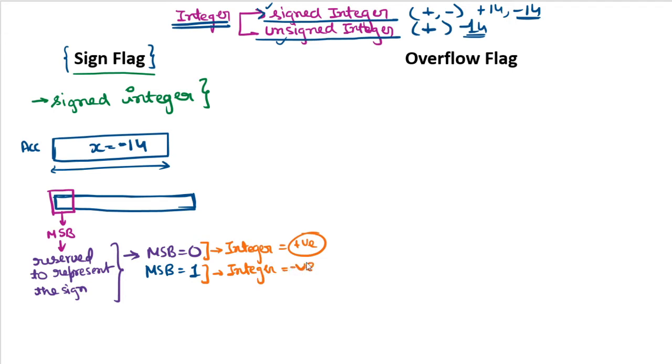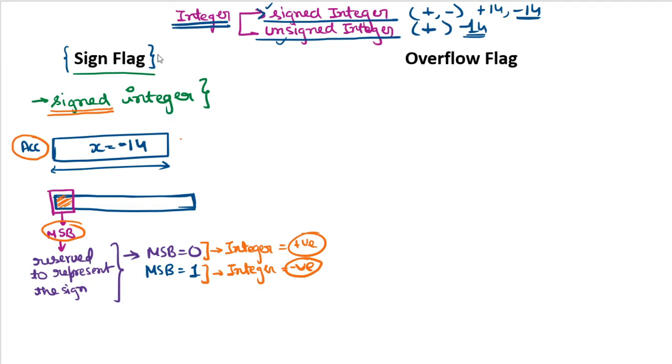Sorry, the integer saved inside this accumulator register is negative. Now when we have a value stored in the accumulator and that value is a signed integer, then it means there is a sign to it. That means this value can be either positive or negative. And we know that in order to check the sign of this integer, we can see the most significant bit and we will get to know the sign of this integer.